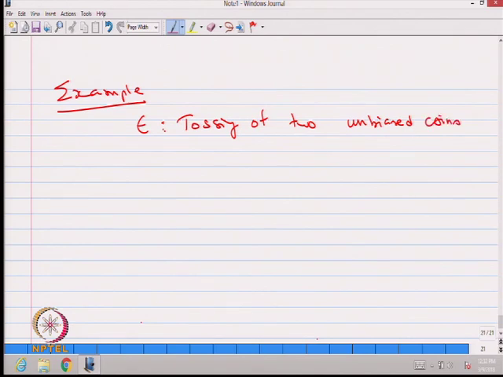The random experiment is nothing but a tossing of two unbiased coins. Either you can use unbiased coins or fair coin. That means there is an equiprobable chance of getting a tail or head. That is the meaning of unbiased coin or fair coin.